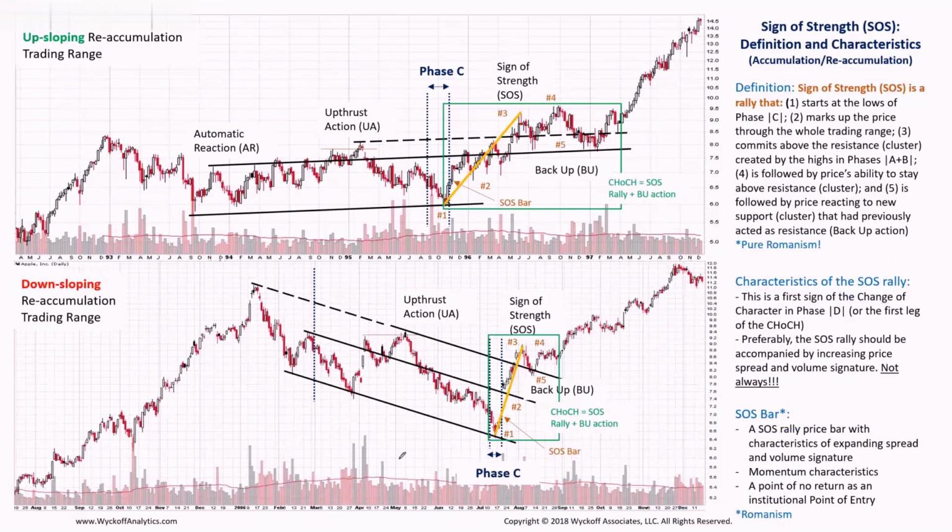So in all of the cases, what we're looking for is the commitment, right? So commitment to the upside, if this is a sign of strength. Off the lows in phase C, through the trading range, commitment to the upside, and then a backing up action that comes exactly to the area of the support that acted before as the resistance.